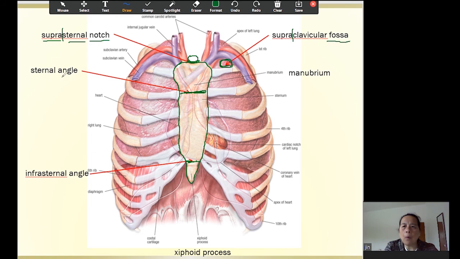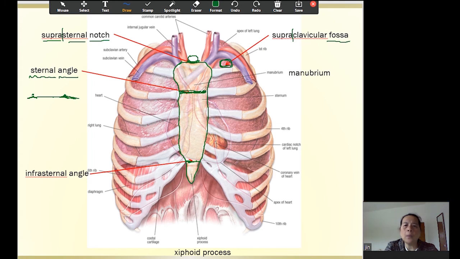The bones connected form an angle, like if you look from the side, pretty small, not that big. But you can find a small bump in there. So in the superficial part, you can find a small bump here and a small bump here. That we call the angle. The upper part we directly call the sternal angle.